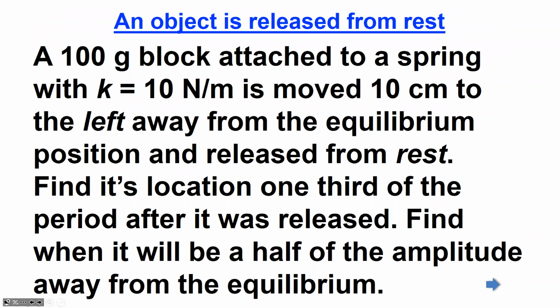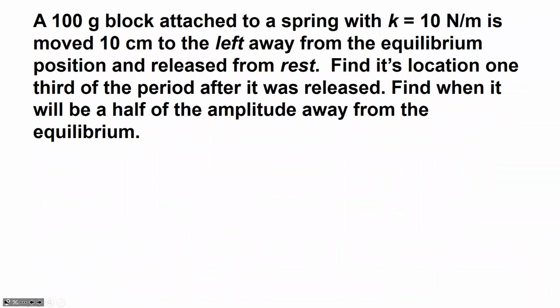All right, so this is the same situation, the same block. We need to calculate something else. Find when it will be a half of the amplitude away from equilibrium. Okay. So we need to calculate the time. So we have it released from rest. It travels toward the equilibrium.